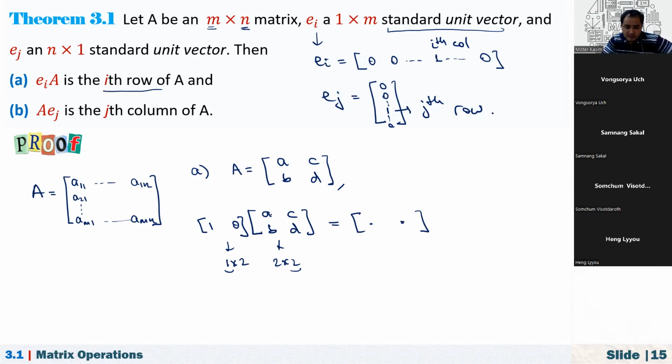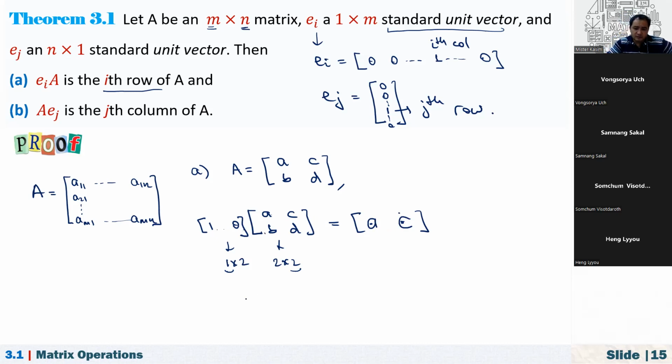Now if you multiply 1, 0 by the first column, A times 1 plus B times 0, that is A. Multiplied by the second column, 1 times C plus 0 times D, that is C. So AC is the first row.